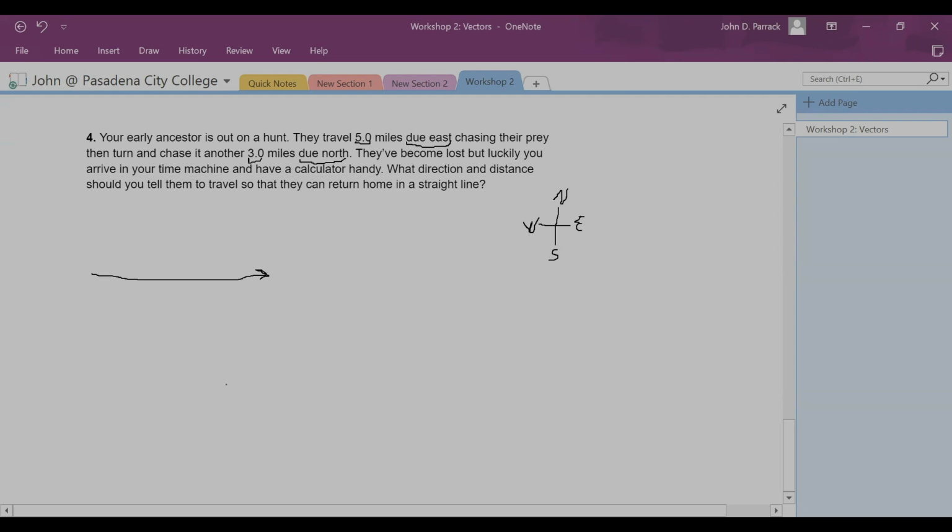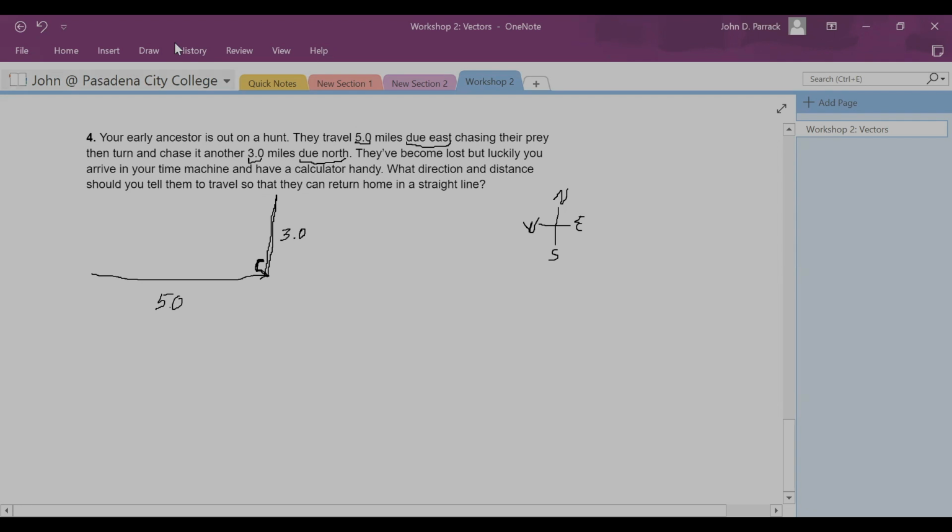We travel east and we go for 5 miles, 5.0. And then what do we do? We turn and we go due north, straight northward. A little 90-degree turn right here. Looks like we're constructing the basis of a right triangle. Okay, you'll see that often. We go for 3 miles due north.